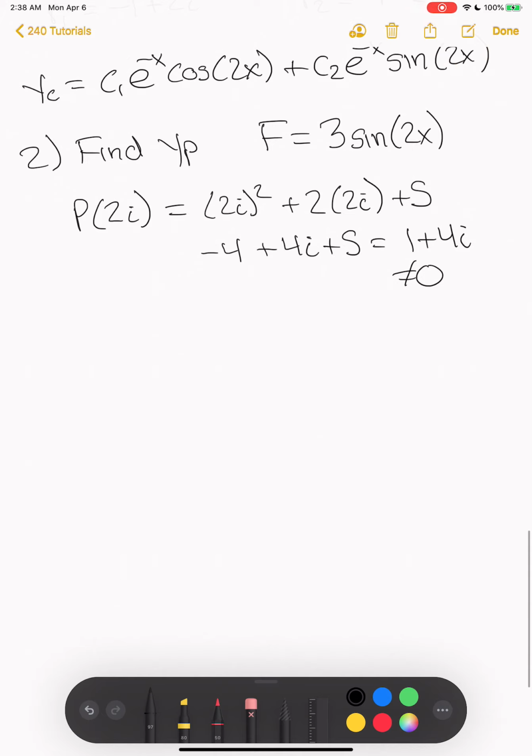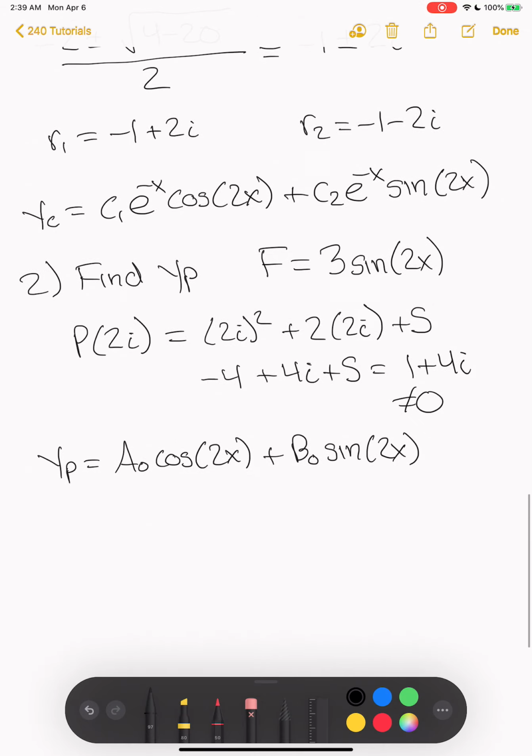So that tells me that yp should equal a naught cosine of 2x plus b naught sine of 2x. What do I have to do with this? If you remember, I have to solve for a naught and b naught. And how do I do that?